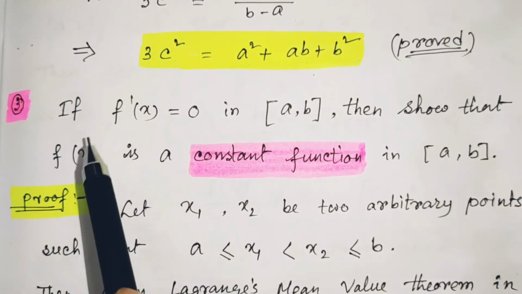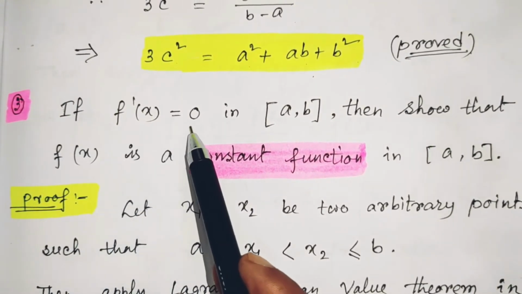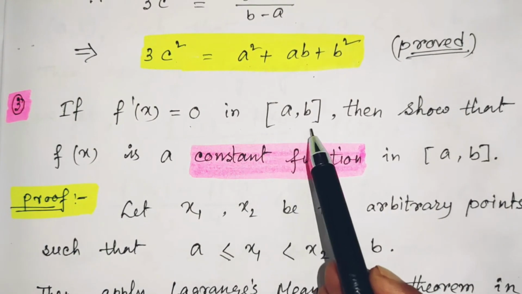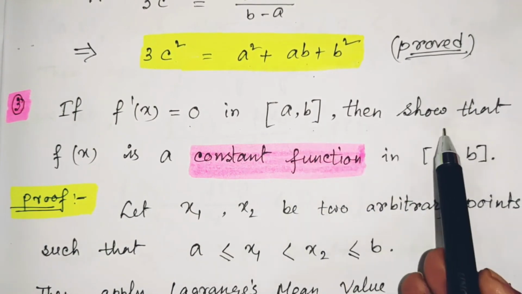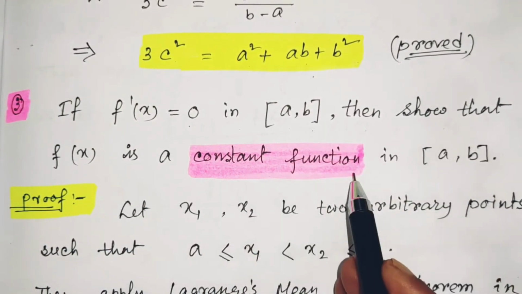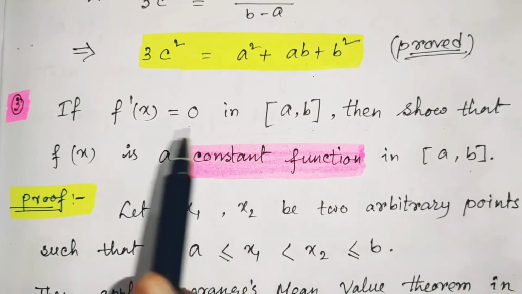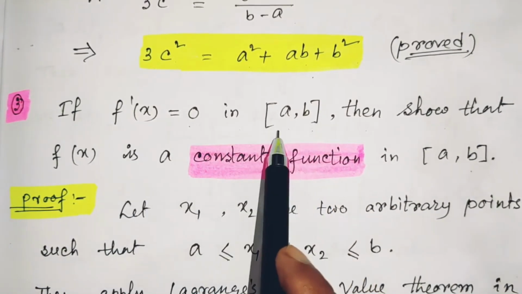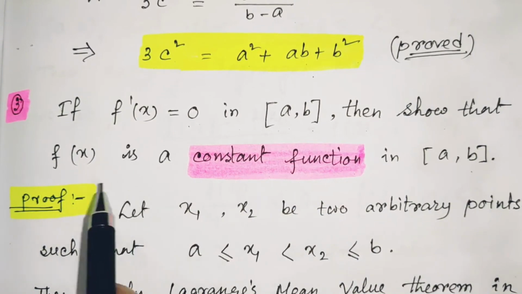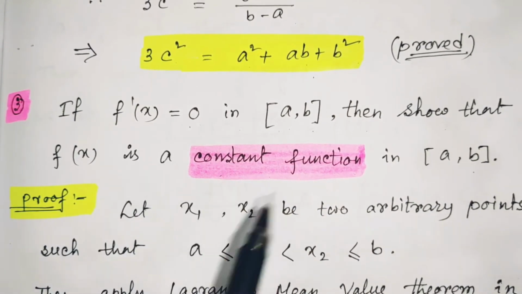Now one more question let us do. f'(x) is 0 in the interval ab, then f(x) is a constant function in ab. So the derivative is 0 within this interval, and our requirement is to show that f(x) is a constant function. So what to do?